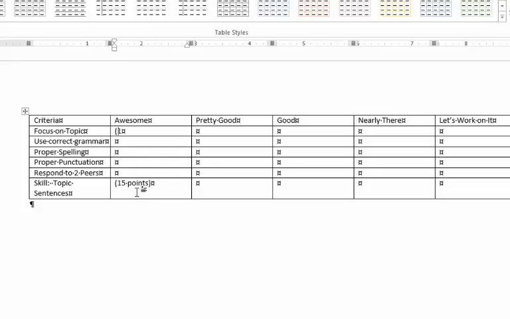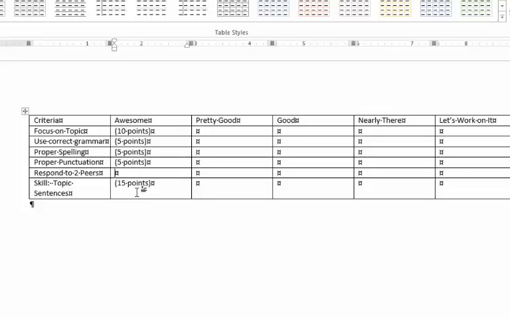I want to make sure that they focus on the topic sentence. That's always really important, that they're focusing where they need to focus. So I'll make that 10 points. Now I only have 25 points left. I'll give 5 of it to grammar, 5 of it to spelling, and 5 of it to punctuation.